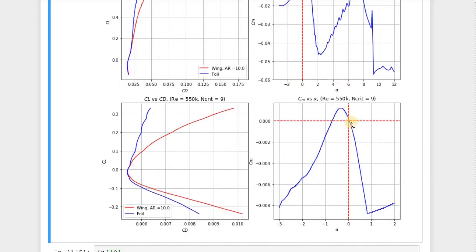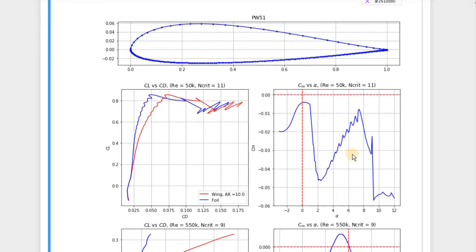But if you look at the high speed, it's beautiful. It's a very nice curve going down, so it's going to be stable at the high speed, and you might have some issues at the low speed if you use basically a straight wing for this purpose.